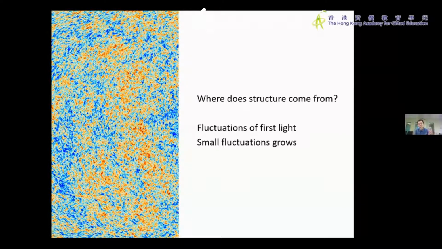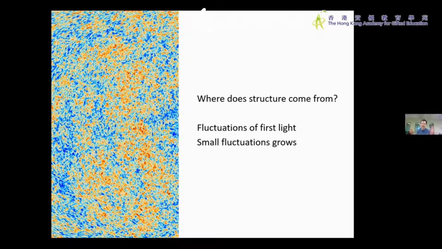Our universe is full of structures, but where do these structures come from? And actually, we can also find the origin of structures in our universe, such that when we look at the first ever light in our universe, we have just talked about the first ever light, that our universe originates from an opaque state, okay?